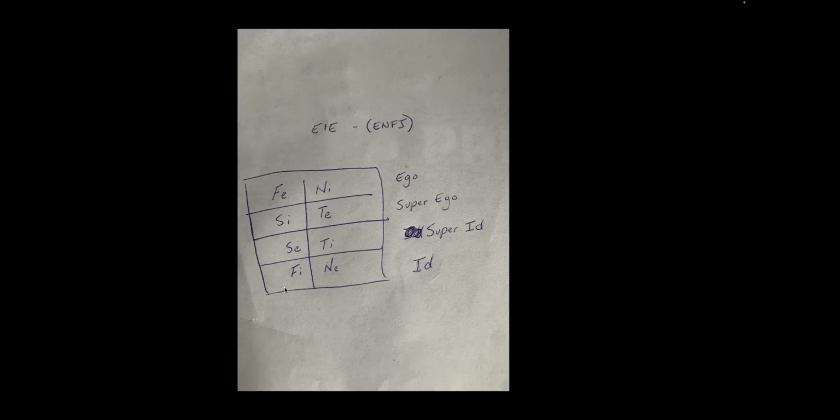Now, everything on the left column, FE, SI, SE, FI, all this right here, these would all be those inert, fixed, static, whatever word you want to use, functions in the case of an EIE, which means these are the things that should not be bending and flexing and being situational.